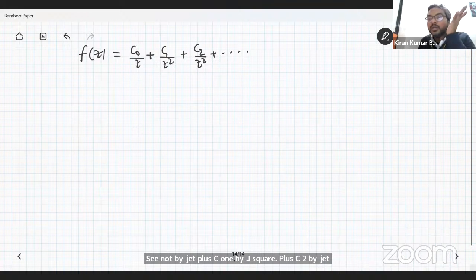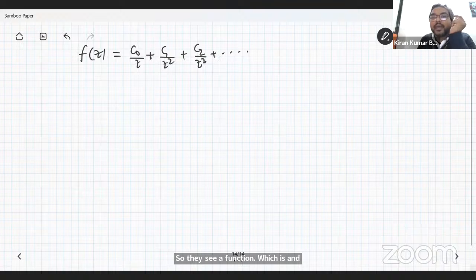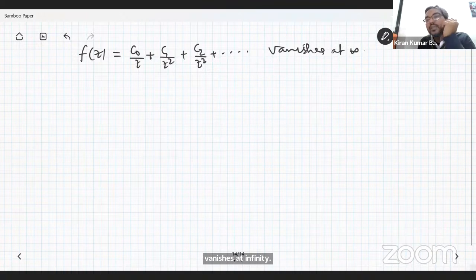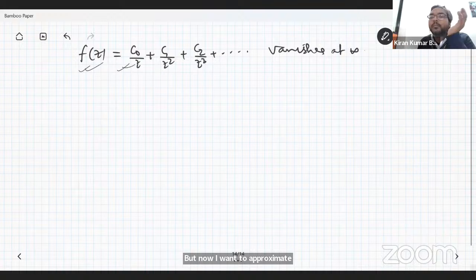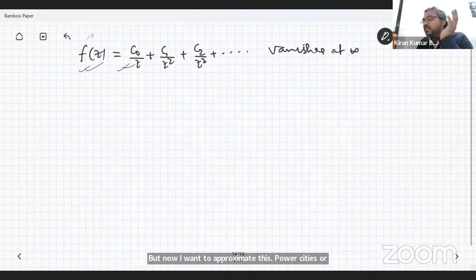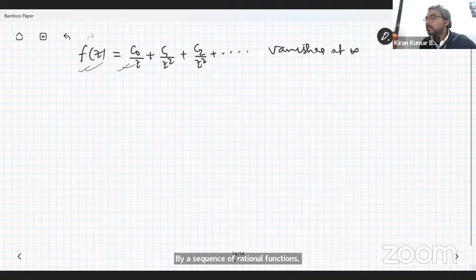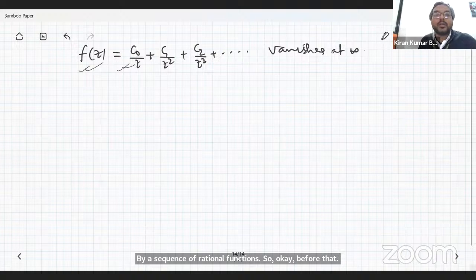This is a function which is analytic at infinity, and vanishes at infinity, because f of 1 by z vanishes at the origin, so f(z) vanishes at infinity. Now I want to approximate this power series or f(z) by a sequence of rational functions. But before that, how do we even obtain this? I'll come to this.